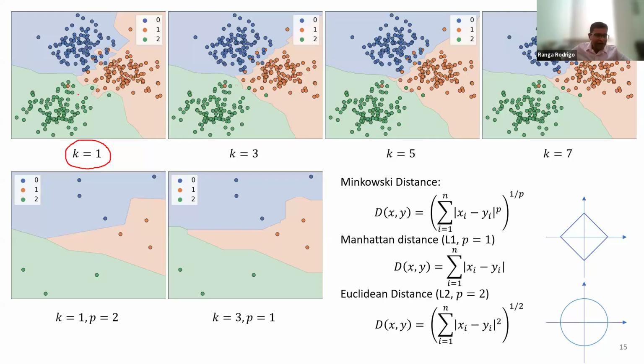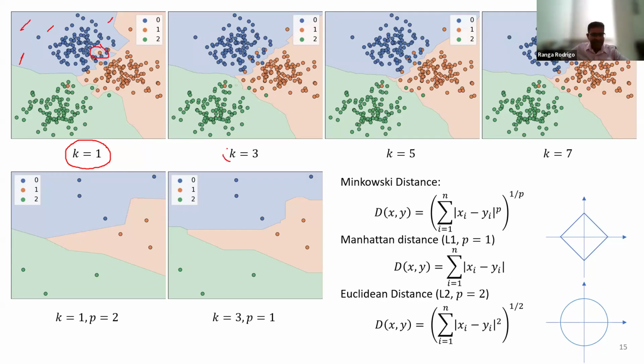This area is the blue region, you can clearly see that. But because there is an orange one here, near that there's an orange region, because only the nearest neighbor is considered.